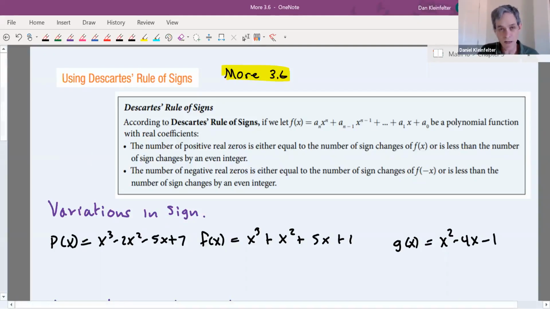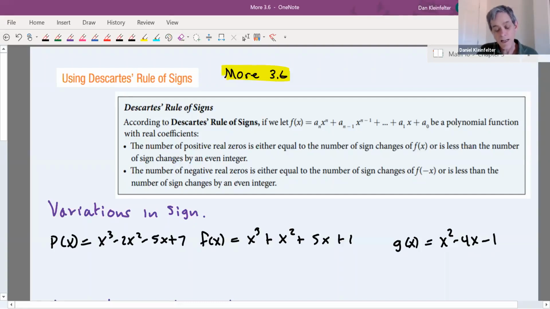So the statement of Descartes' rule of signs is up here. It says if we have a polynomial function, again, highest degree term is a_n x^n, and it goes down to a_1 x + a_0, and it has to have real coefficients for this. There are two statements here in bullets. The number of positive real zeros is either equal to the number of sign changes of f(x) or is less than that by an even integer.